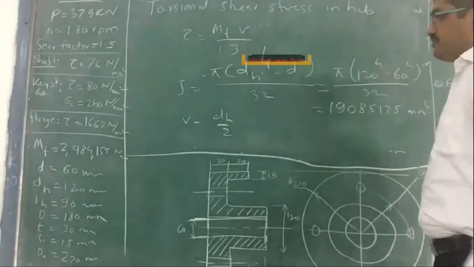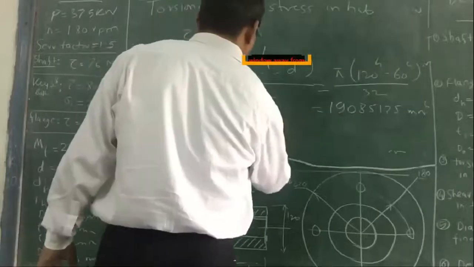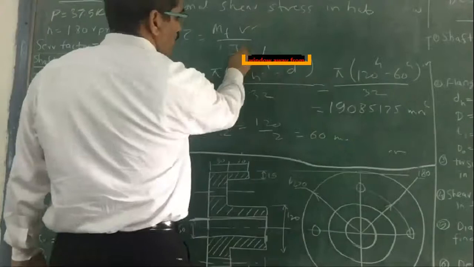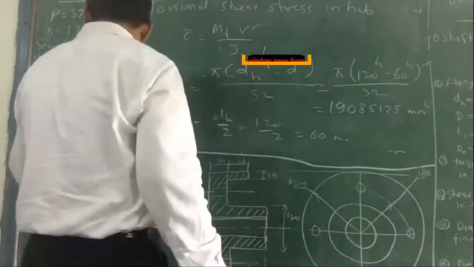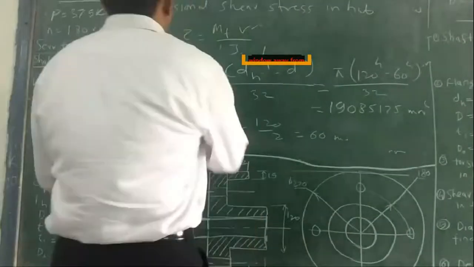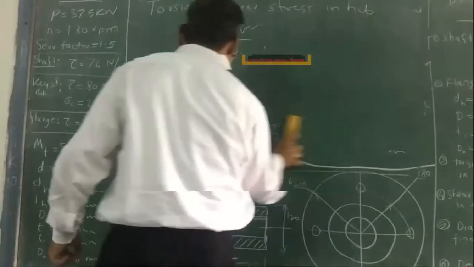And R is equal to dh by 2. dh is 120 upon 2, this is 60. So we know R, we know this J, we know torque, we calculated that already. So we can put all these in here to get the torsional shear stress in the hub.